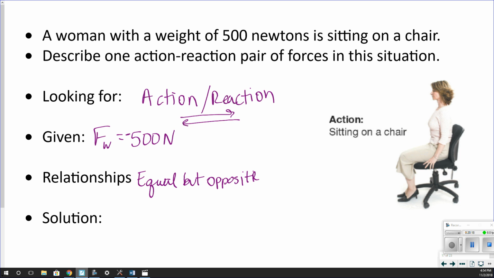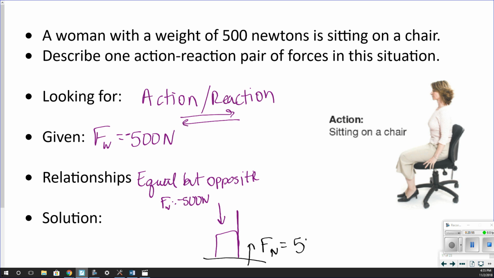Now, our solution, we would have to draw a free body diagram. So if I draw my chair here, the woman, her force is downwards, so her force of weight equals negative 500 newtons. To counteract that, we must have a force that's going from the ground back up with the same, remember, strength, so our vector will be the same size, and that's our normal force because it's coming from our surface.